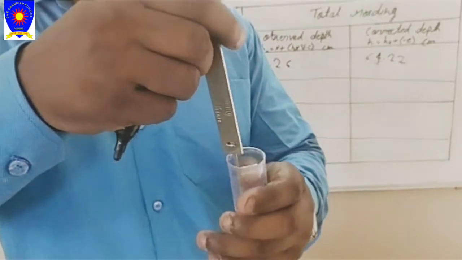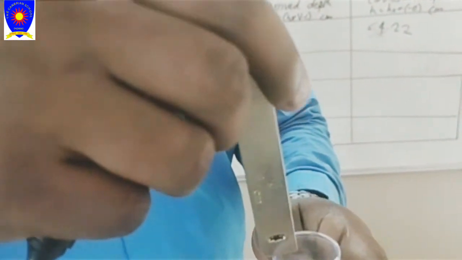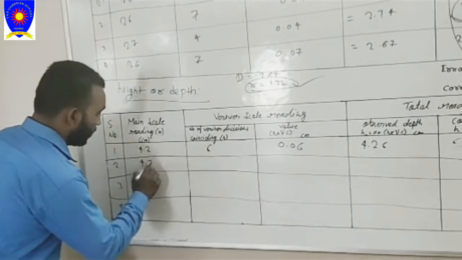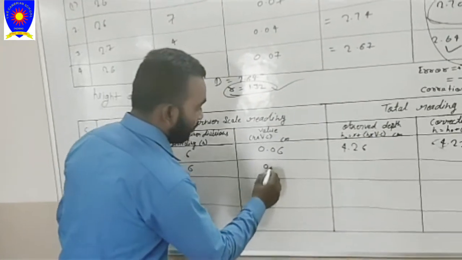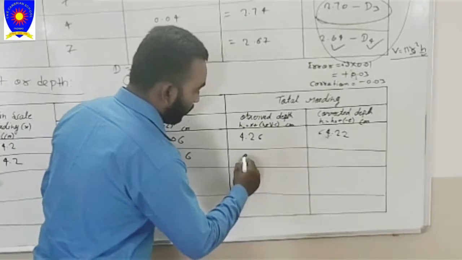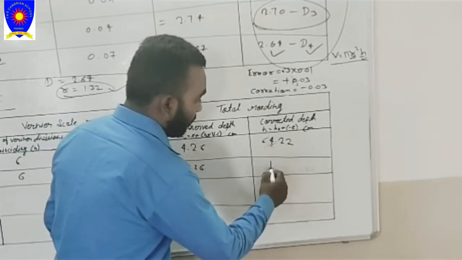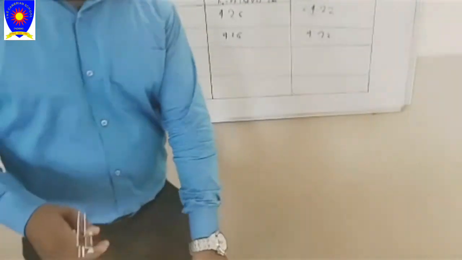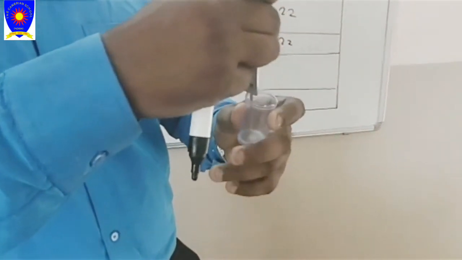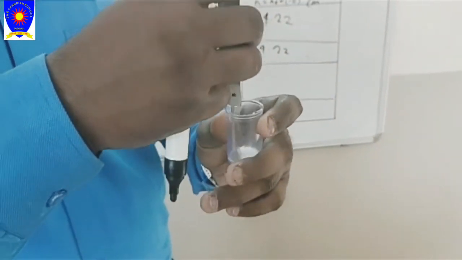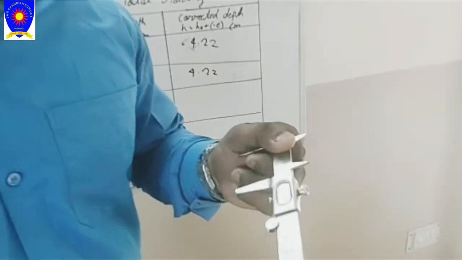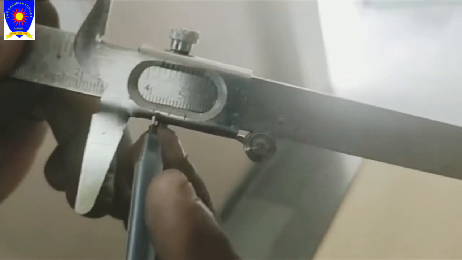Again take its next reading. So we are looking that there is no change. So again right here 4.2, 6, 0.06, 4.26, 4.22. Now again take this. So this time we are looking that there is a small change and that is 4.3.